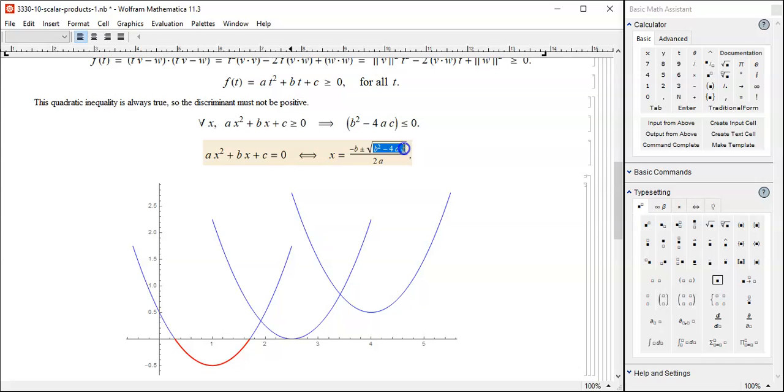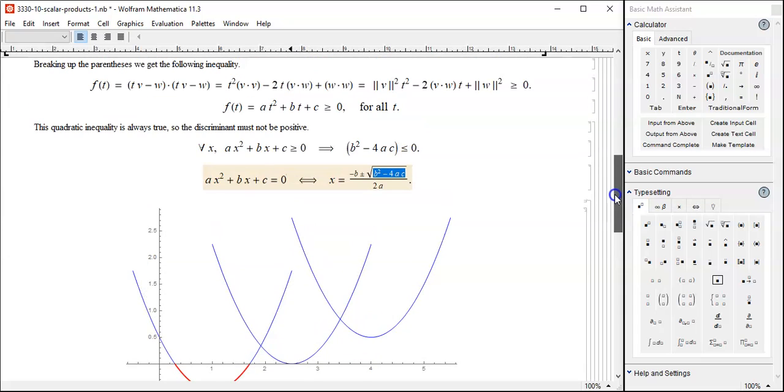And if this part, the square root part, is 0, then you're gonna get this. And if this is negative, then no real root, we're gonna get that.